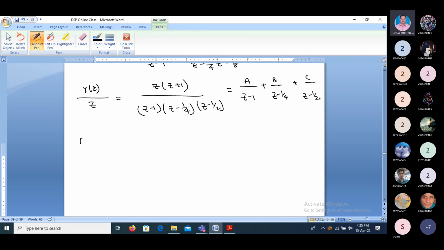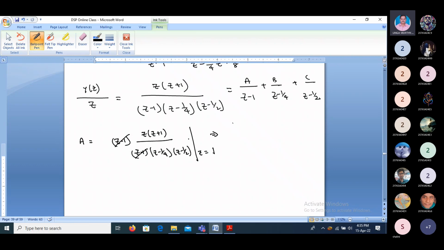So from this one, first we need to calculate the A value. What is the denominator for A? (z minus 1)(z plus 1) divided by (z minus 1)(z minus 1/4)(z minus 1/2) at z equal to 1. So z minus 1 gets cancelled.